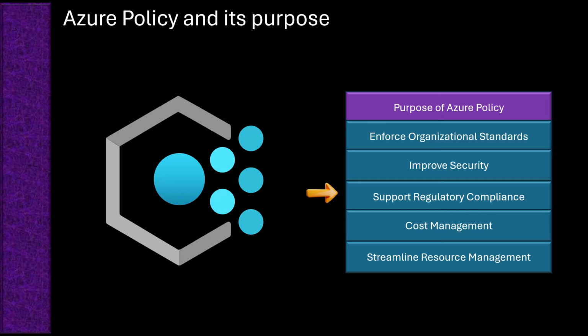You can simplify compliance with standards like ISO, GDPR, or HIPAA by enforcing rules related to data residency, encryption, and audit logging. You can prevent costly configurations like running VMs in expensive regions or using oversized resources. And Azure Policy eliminates manual checks and makes sure that resources are configured consistently across your environment.